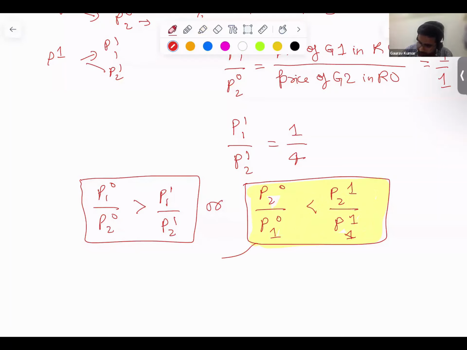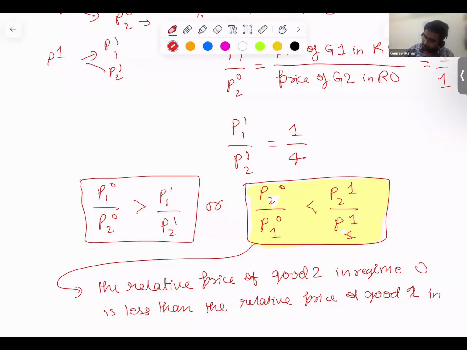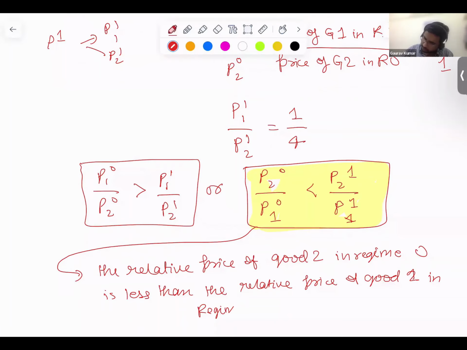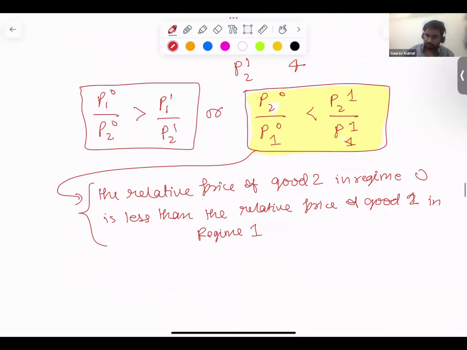So what this equation represents is, the relative price of good 2 in regime 0 is less than the relative price of good 2 in regime 1. So this is what this means.